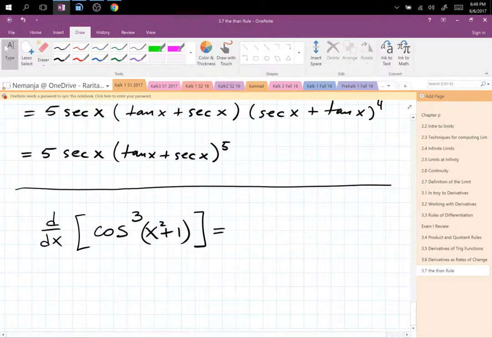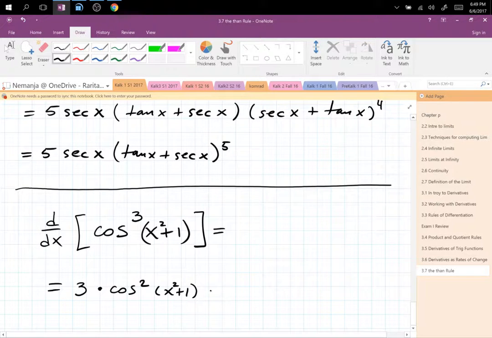So now what is the derivative? The derivative says you start with the outer function, which is x cubed in this case, so that means 3 mess to the square. I don't need the parentheses there.